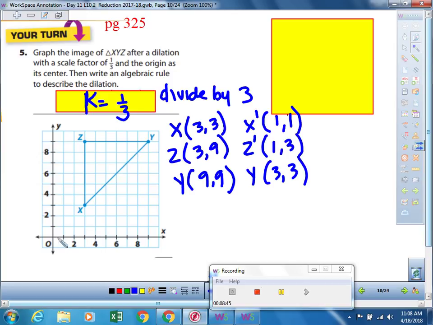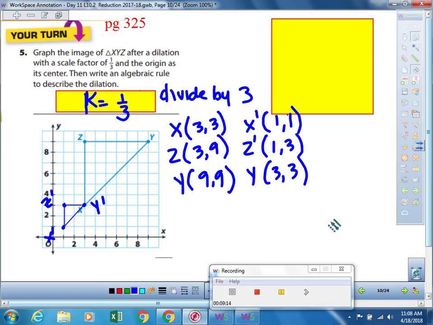All right, so 1, 1 is going to be X prime. 3, 3 is Y prime. And then 1, 3 is Z prime. And remember, if you have a horizontal or vertical side, you should still have that horizontal or vertical side.